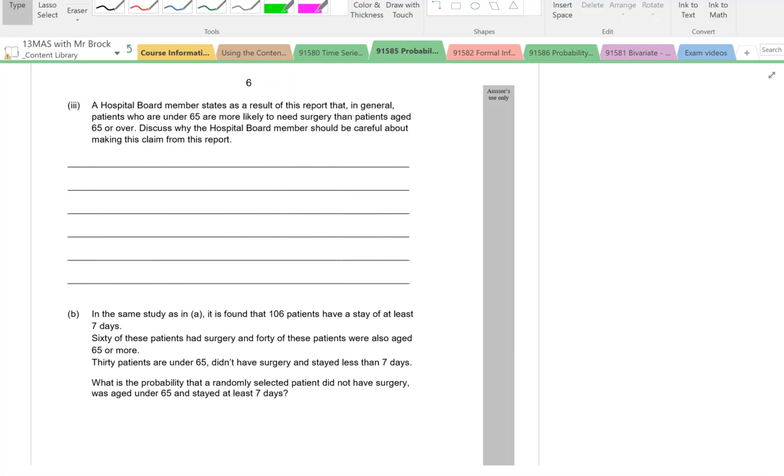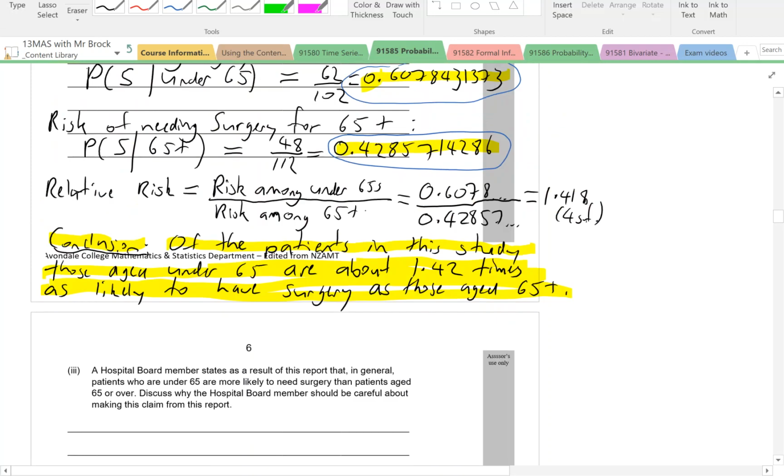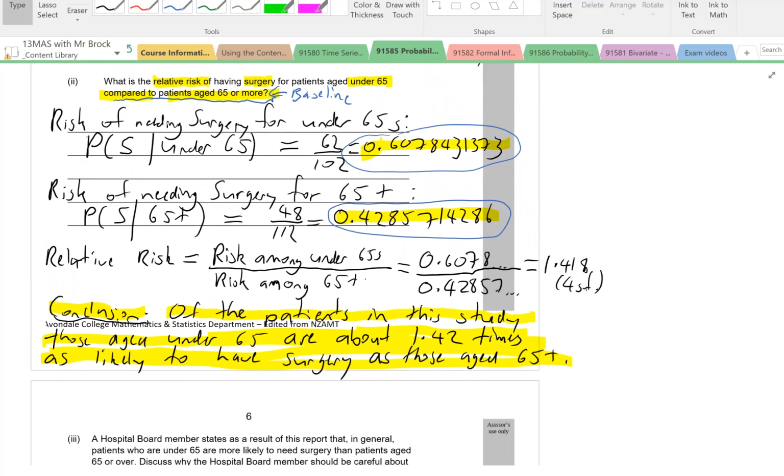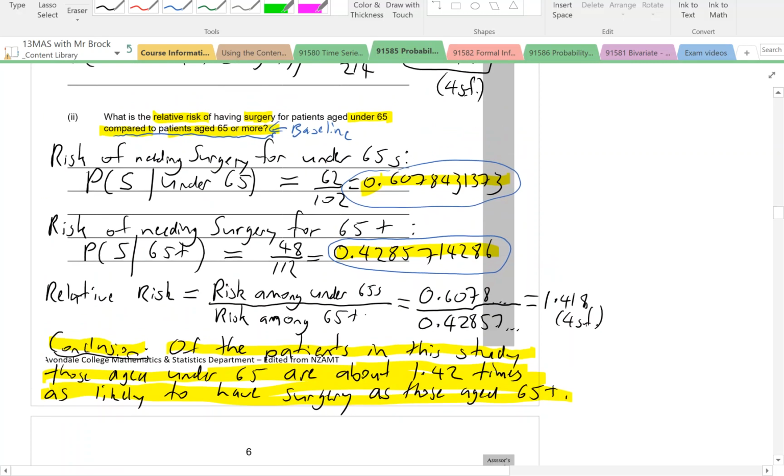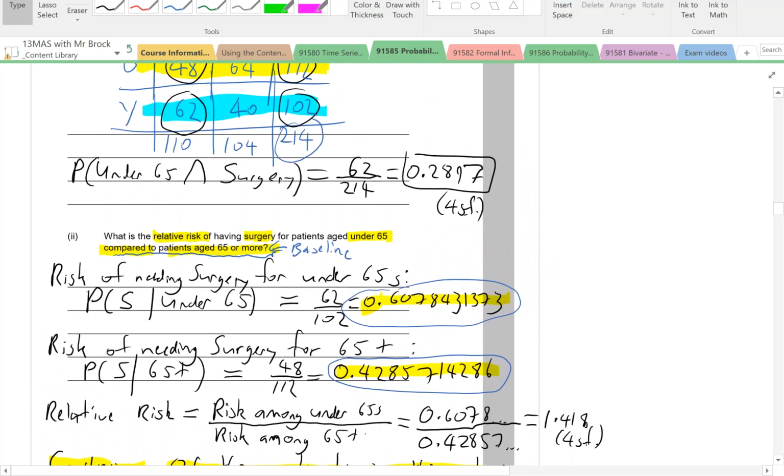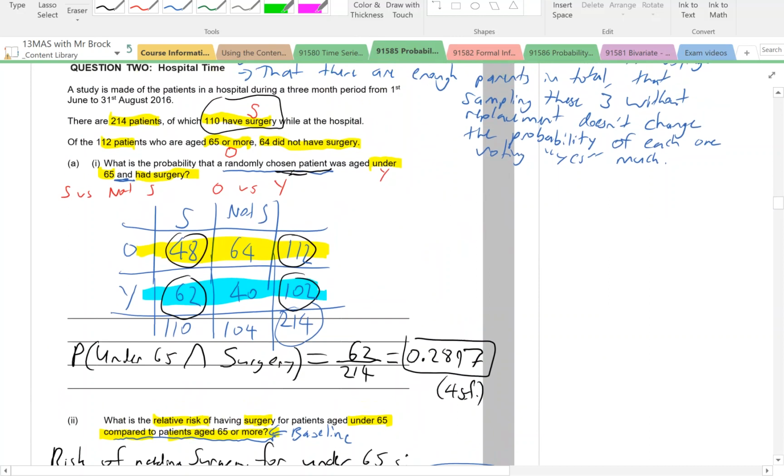And that gets back to what I was just talking about, doesn't it? Because even though in this study, the risk is greater amongst the younger patients, it seems odd, and you wouldn't necessarily expect that finding to apply beyond the study.